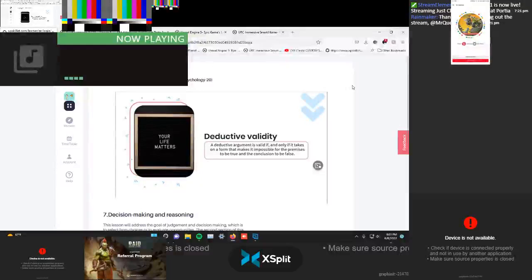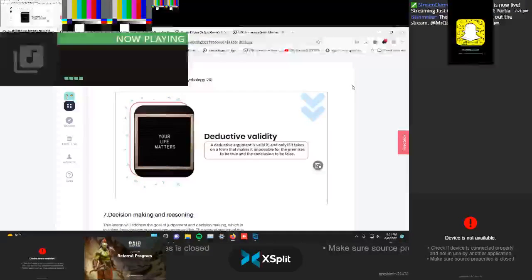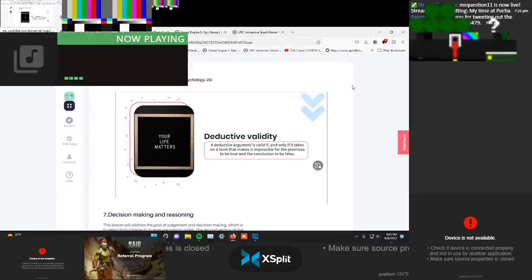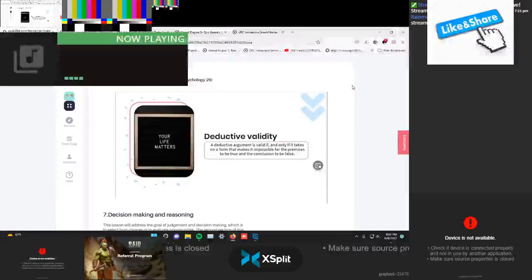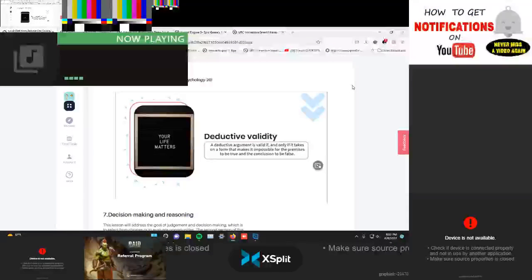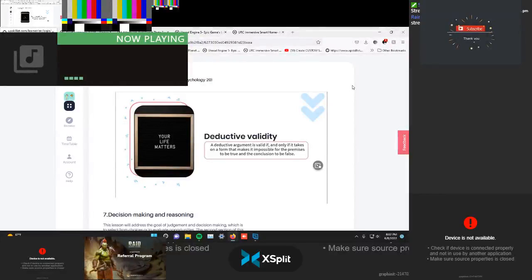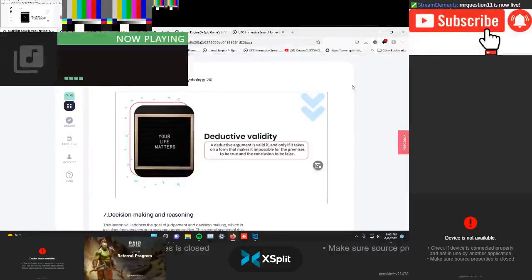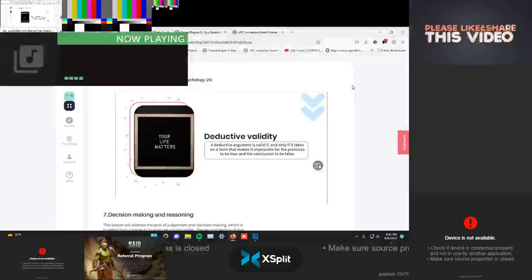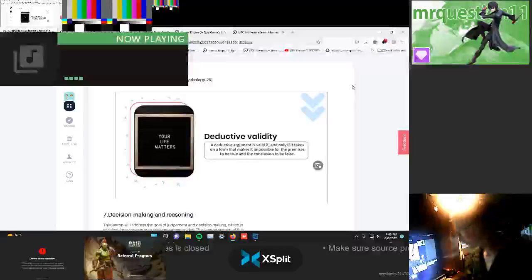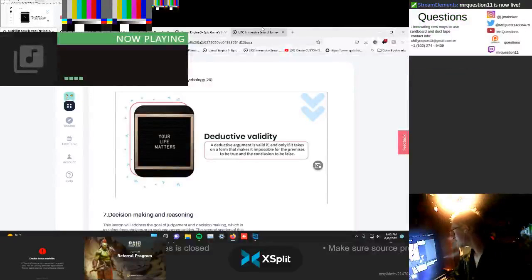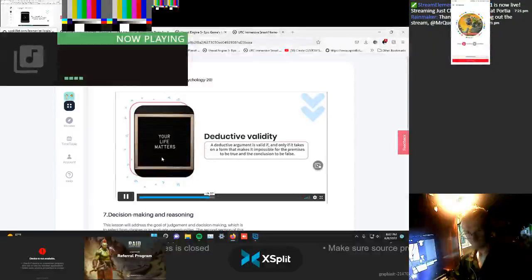To explain it in other words, an argument is deductively valid if and only if it is impossible that its conclusion is false, given its premises are true. Let us look at two types of arguments in terms of deductive.